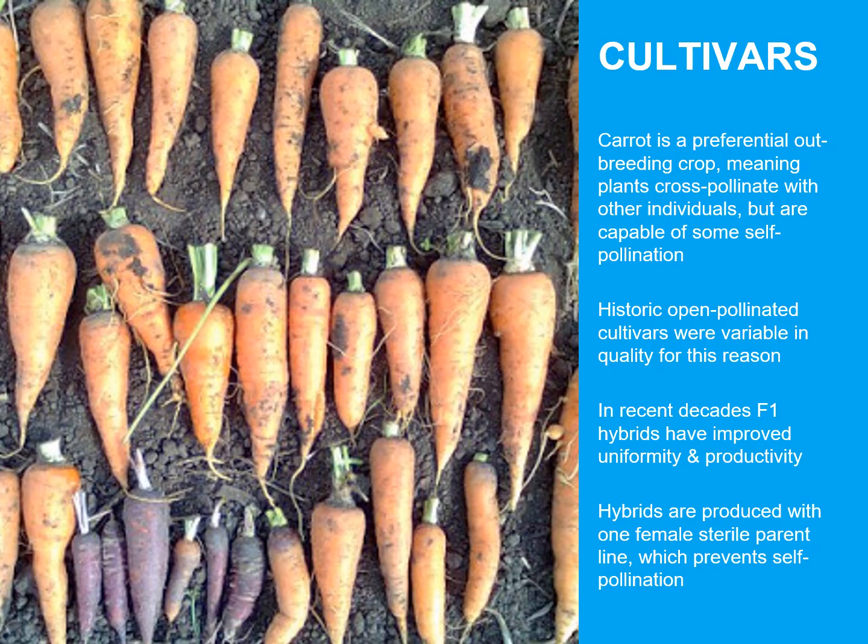So in recent decades, F1 hybrids have been used to improve the uniformity and productivity, because certain breeding lines of carrots have been identified which have what's called female sterility. So the pollination can only occur in one direction. So that's facilitated the production of these hybrids, which have improved uniformity for all of the traits that I've mentioned so far.